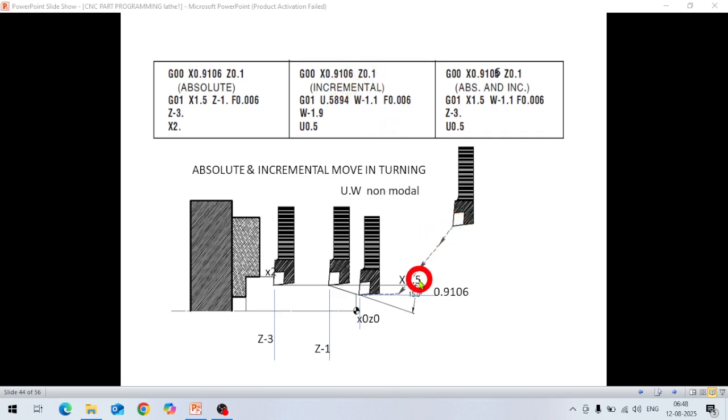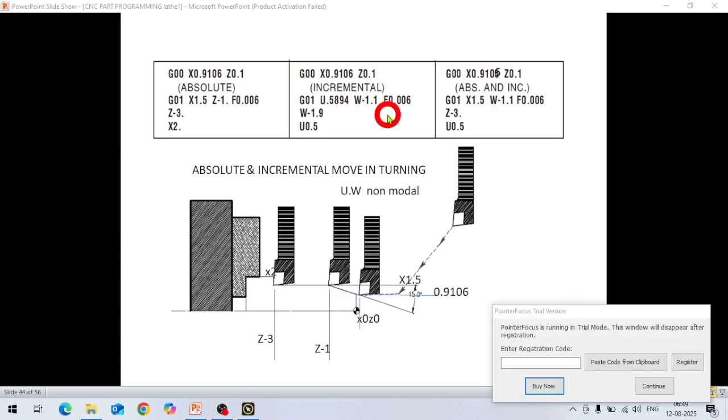So the tool will come up to this point in incremental also. Then in the next, G01, this move is a linear cut, U 0.5894 and W minus 1.1, F is 0.006.